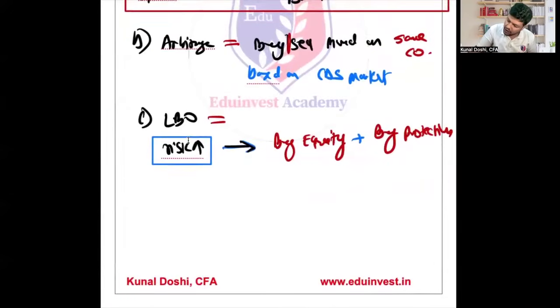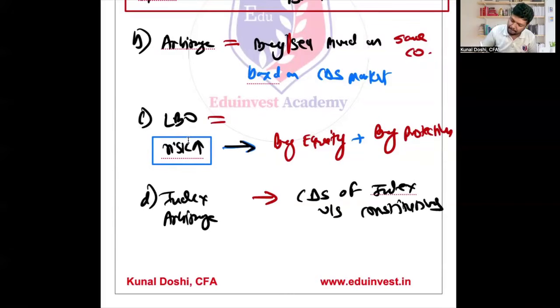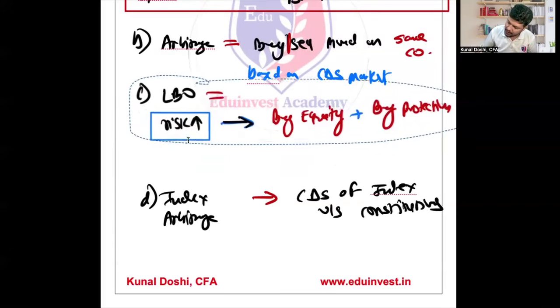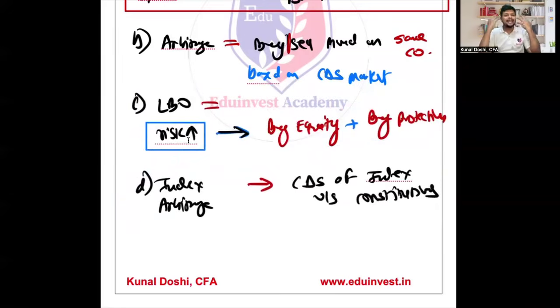That is index arbitrage, where I will compare the CDS of the index versus the constituents, and whatever the opportunity, whichever is cheaper, I will buy. Got it? This is just informative. You don't have to calculate anything.